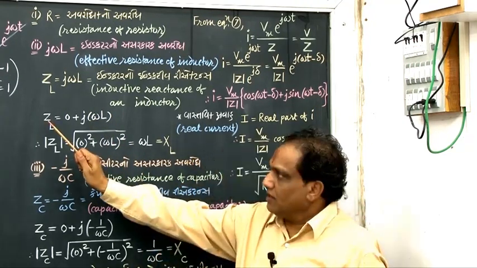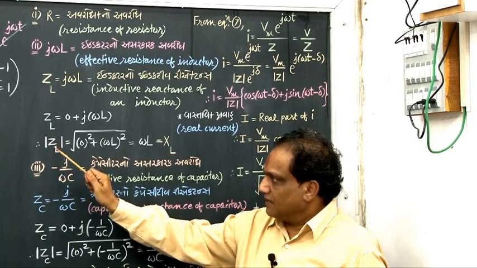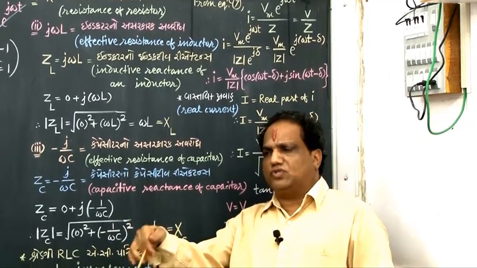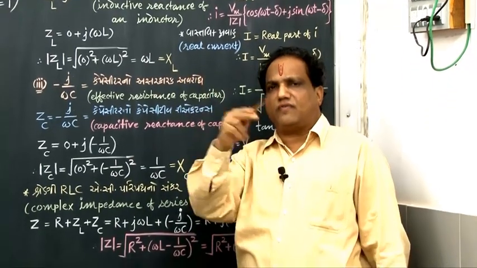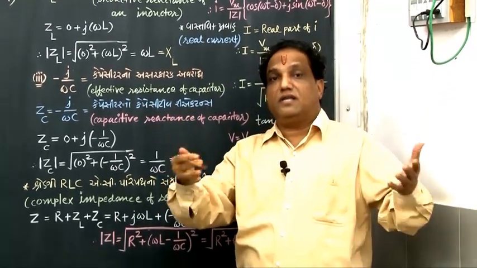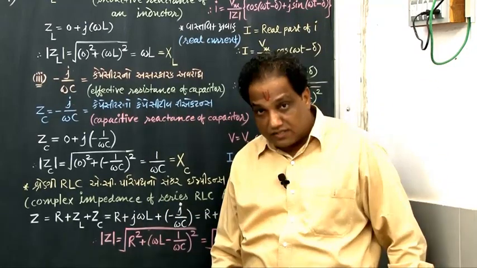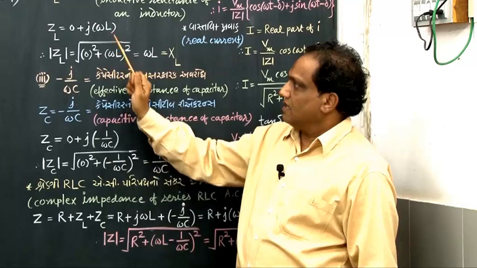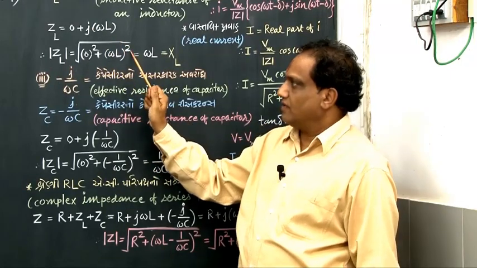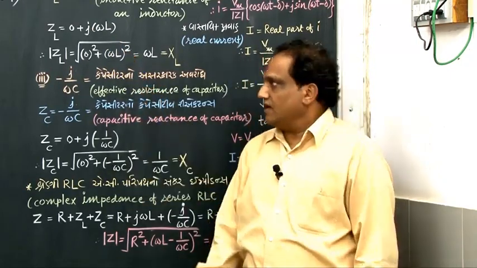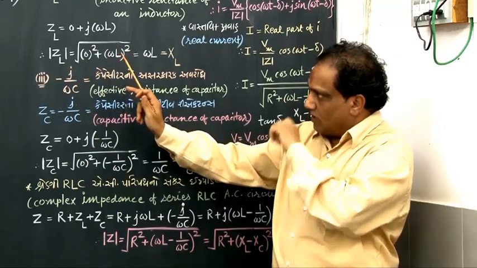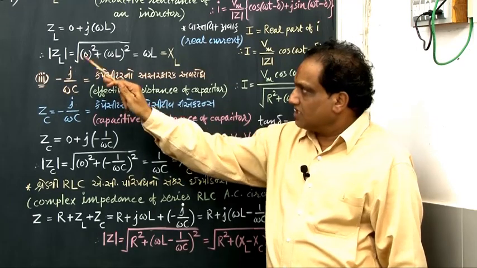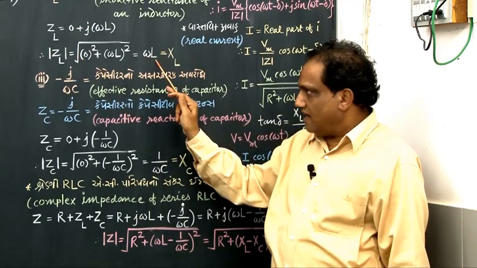The magnitude of any complex number is always equal to the square root of the sum of squares of its real and imaginary parts. So here it is under root of 0 square plus omega L square, which will be omega L.